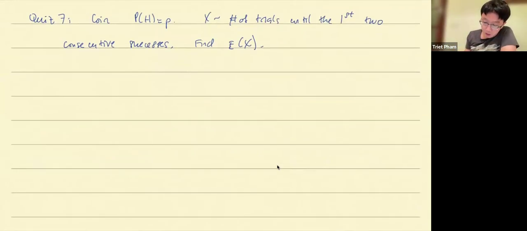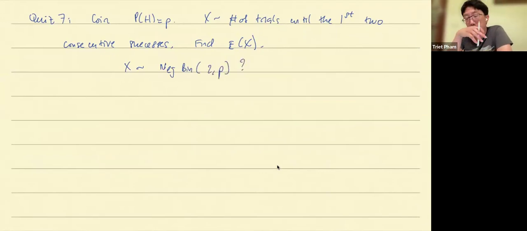So first question, we understand what X is representing. Is X a negative binomial?